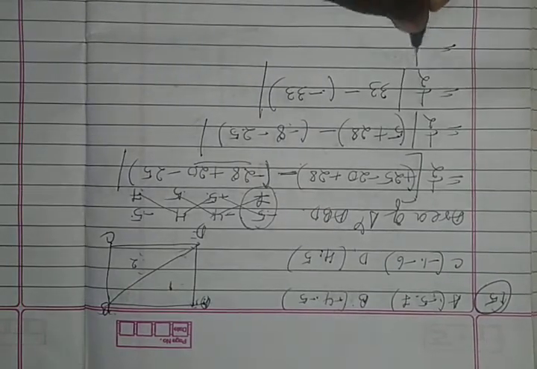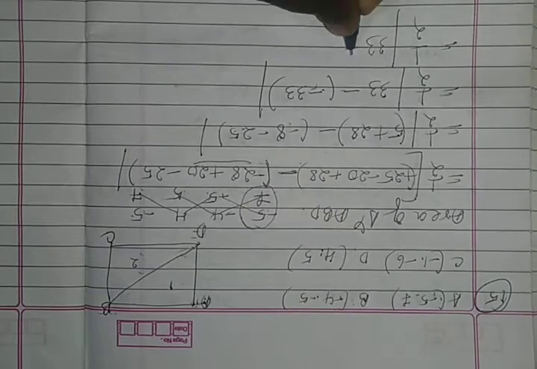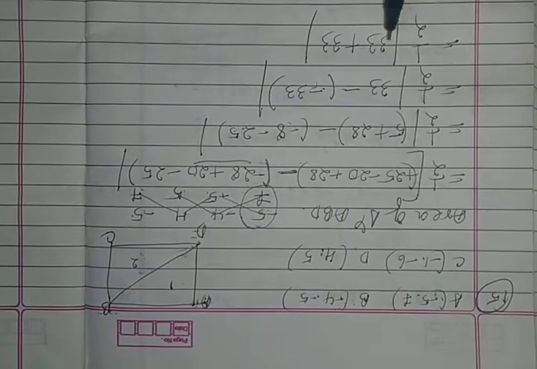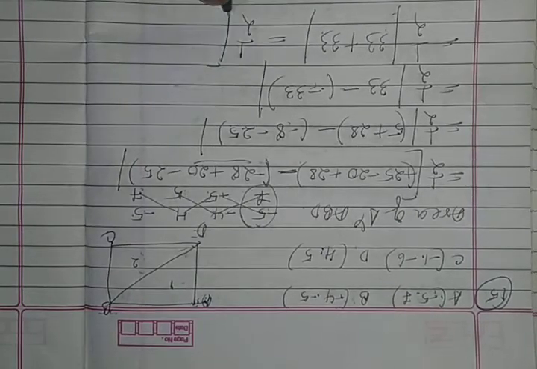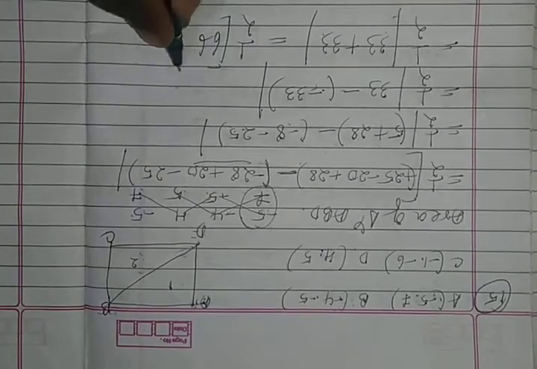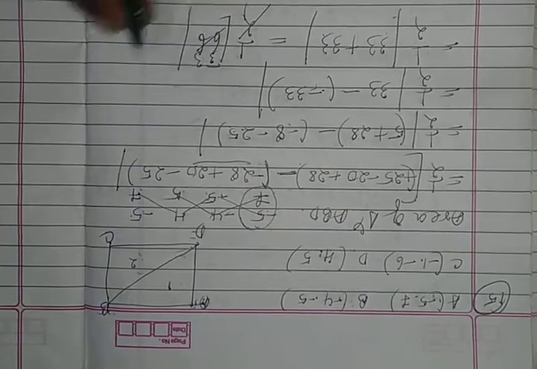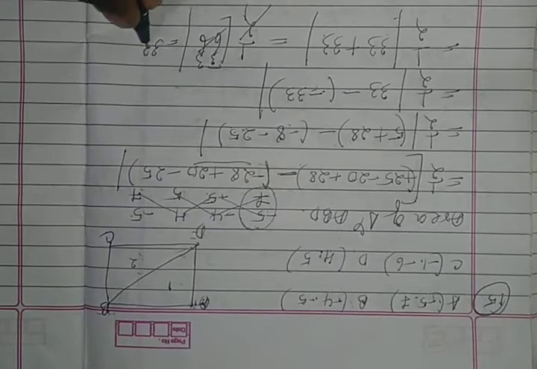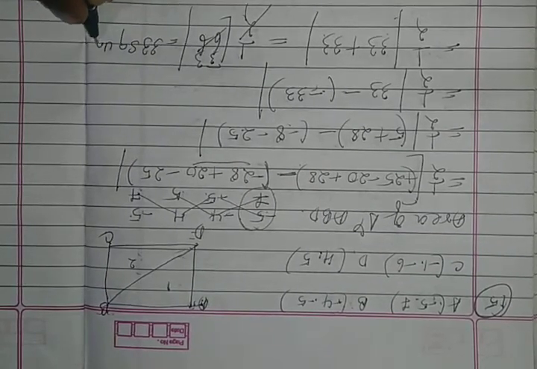Next we will get half into 33, minus into minus is plus 33. So both are plus, add, it is equal to half into 66, which is equal to 33 square units.